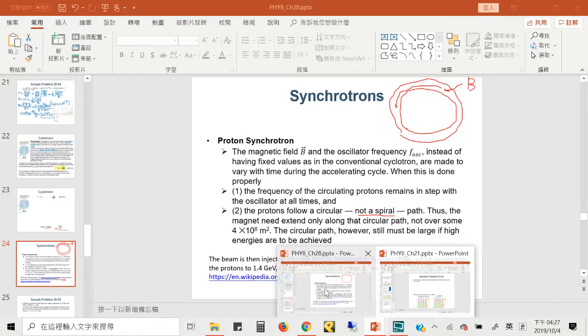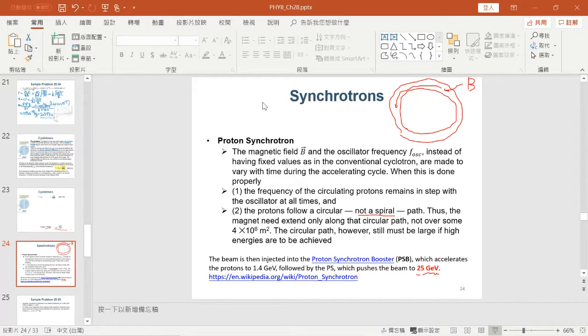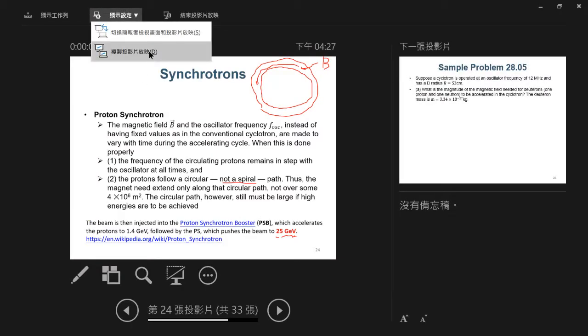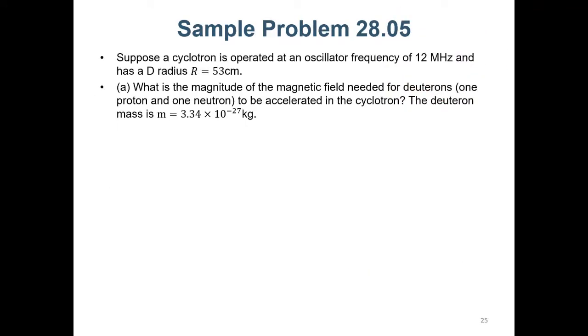So we may come back. We have an example. Suppose a cyclotron operates at an oscillating frequency of 12 megahertz and the radius equals 53 centimeters.